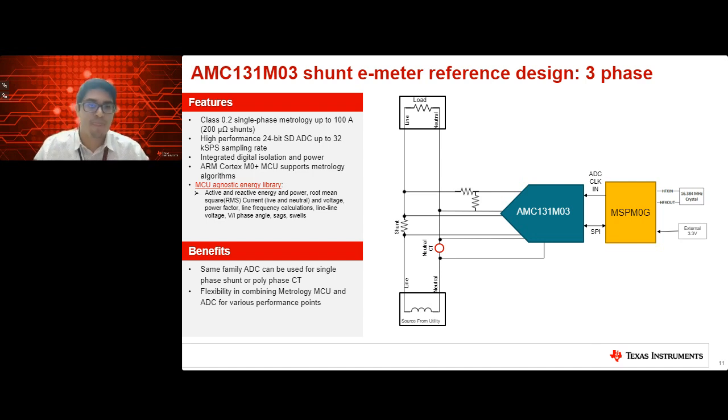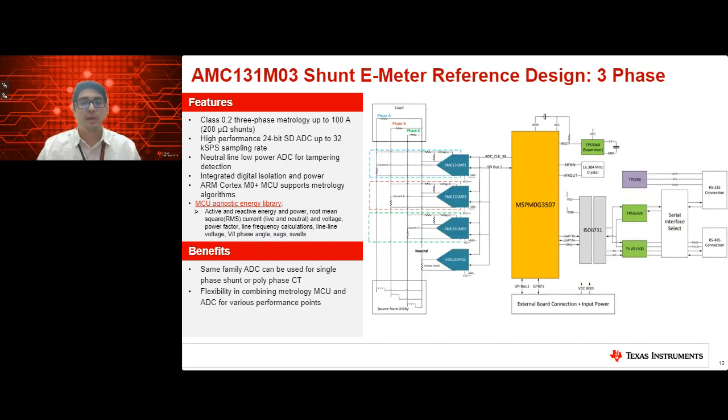And as I said, it's MCU agnostic. So while our reference design is featuring the MSP-M0G, we actually have multiple microcontrollers that we've been able to get the energy library working on. So if you wanted a higher end microcontroller with maybe some more safety features, we'll be able to cover that.